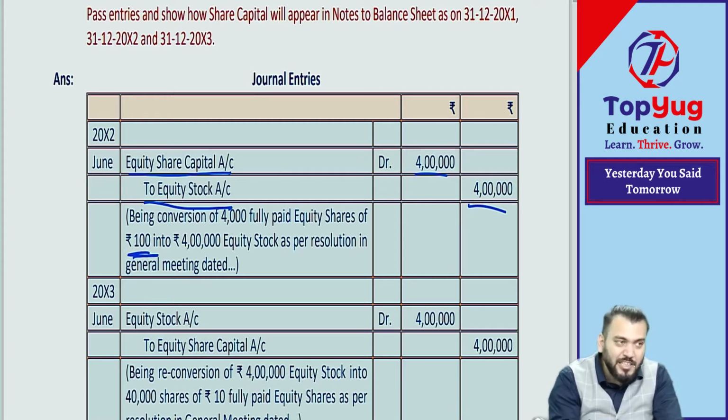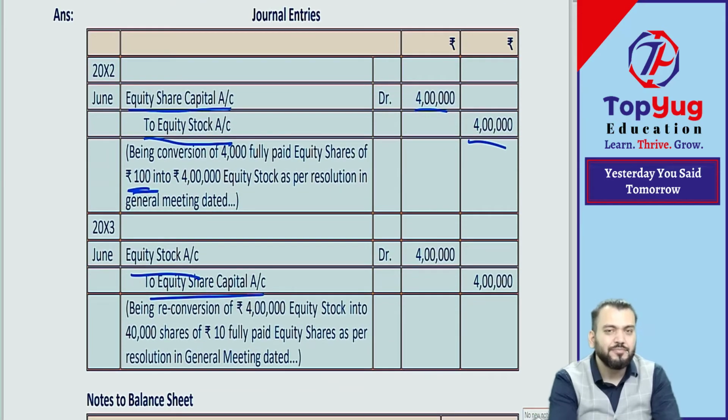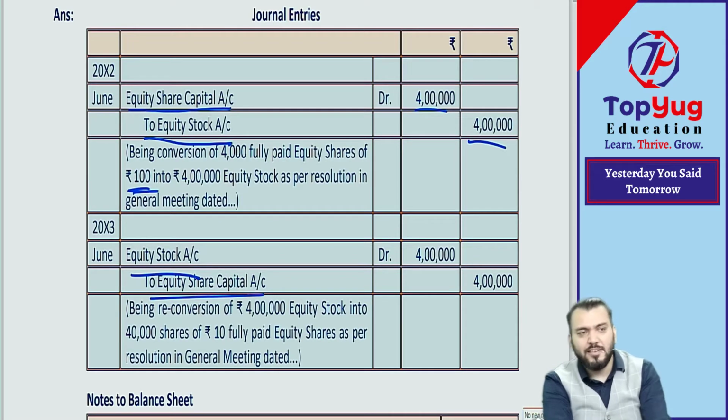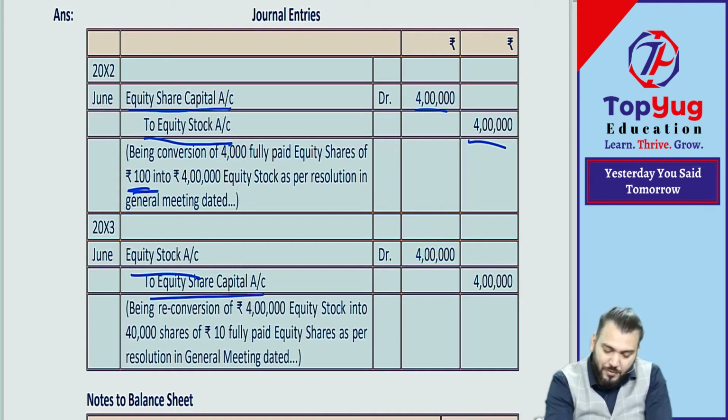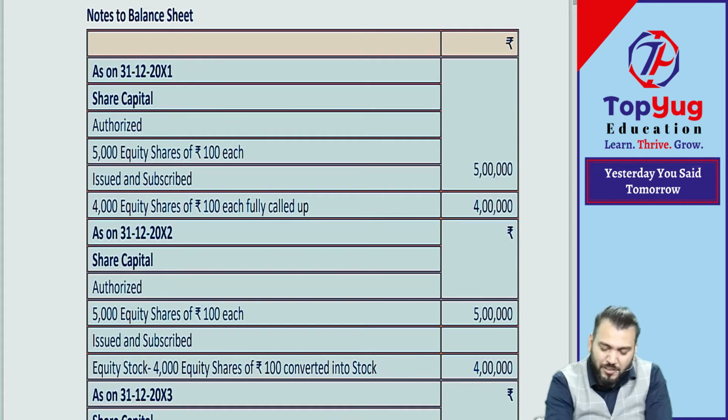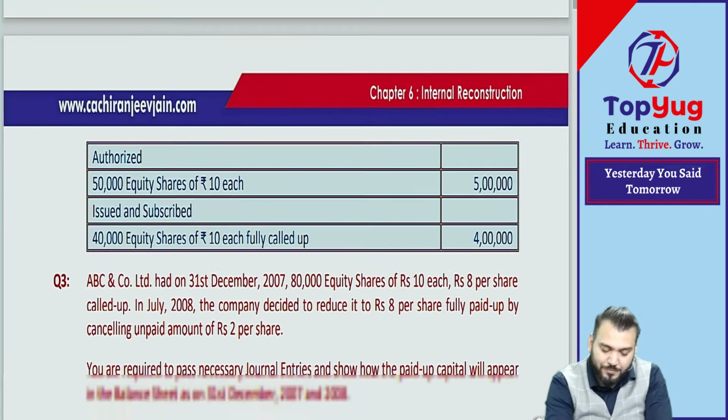So it will be how many shares? 40,000 shares. So journal entry equity stock to equity share capital, but the number of shares will change. Correct now. So this I am not doing in writing because this is a specific question. If asked, you need to do it like this only. Correct? Okay. This I hope you have understood from examination point of view.